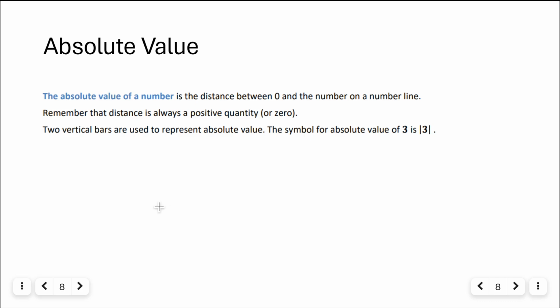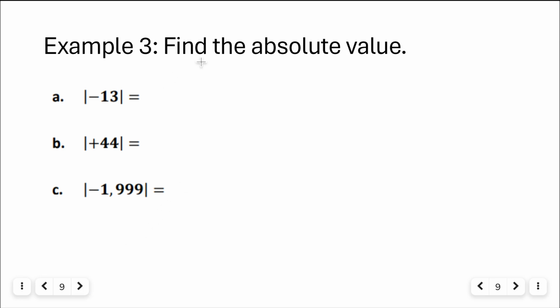Two vertical bars are used to represent the absolute value. The symbol for absolute value of 3 is the absolute value of 3. And again, these bars are saying how far from 0 am I on the number line from that number. So the absolute value of negative 13. If you're at negative 13, you are 13 units away from 0 on the number line.